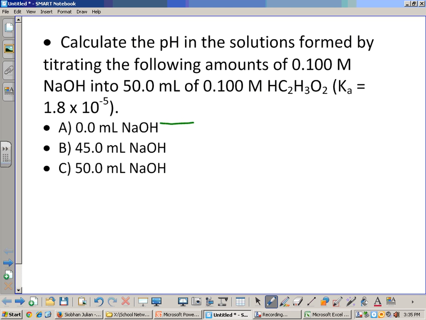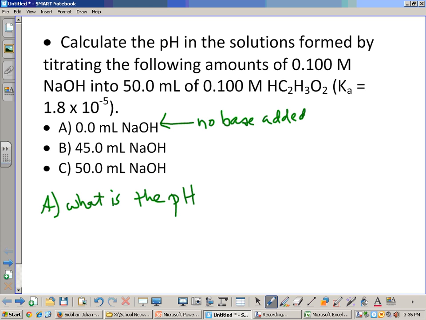So this point here, part A, first up, 0 milliliters of NaOH, so no base has been added. So this type of question is really simply saying, what is the pH? If I rephrase this, what it's really asking is, what is the pH of 0.1 molar acetic acid?